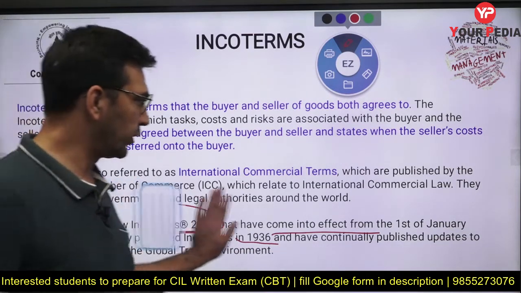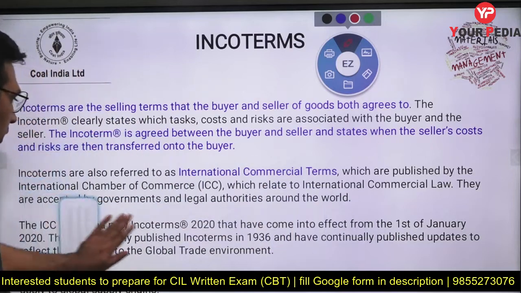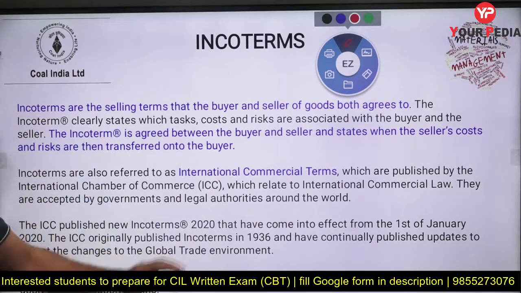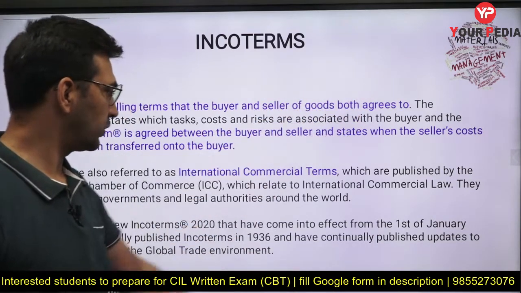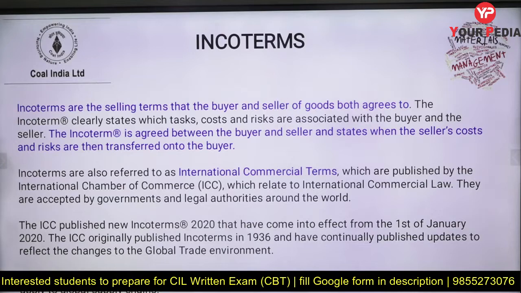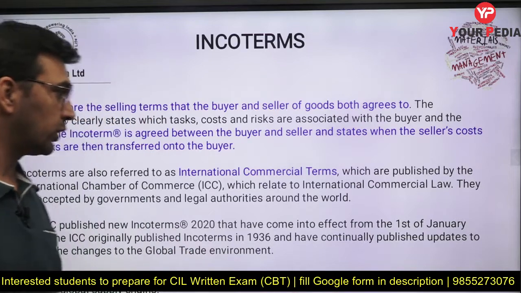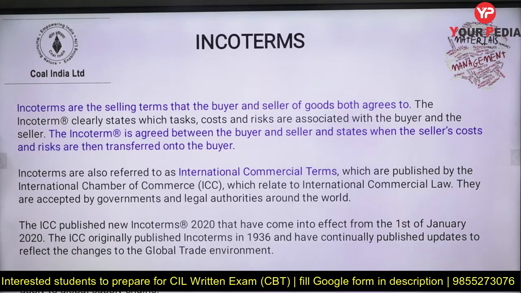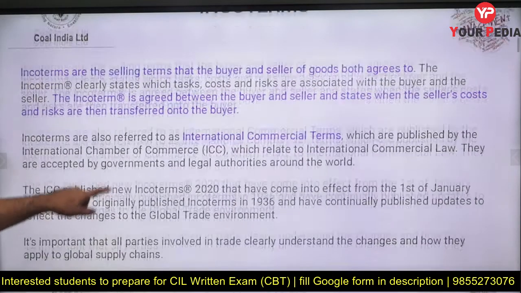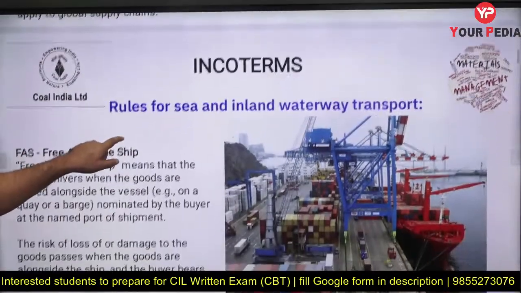You need to have the idea of which is the latest version. Since 1936 there have been many modifications, and now the latest one is 2020. It is important that all the parties involved in the trade clearly understand these terms and these changes, so they can be applied in global supply chains.